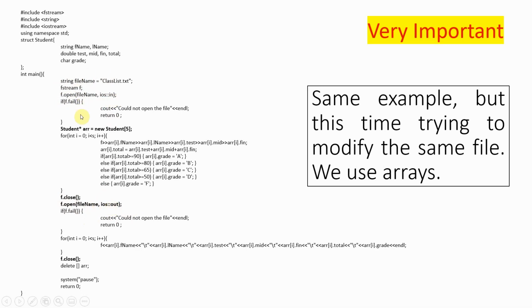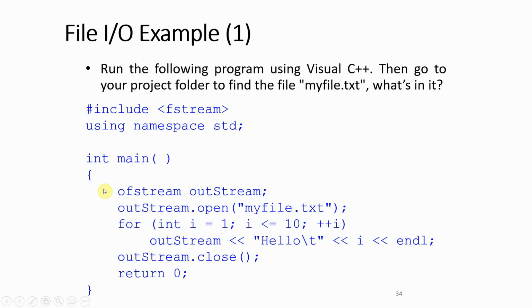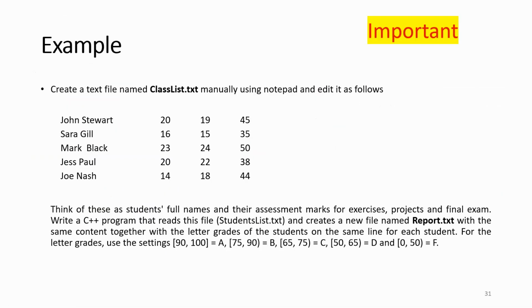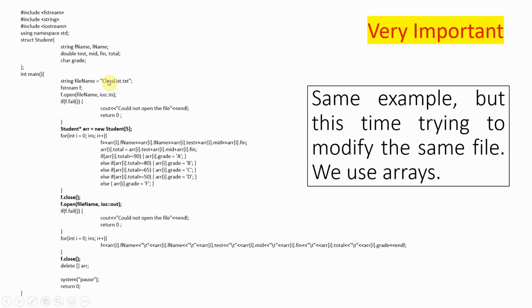So what's happening here: we open the file for reading, we check if the reading was successful, we read all the values and store them in an array of size 5. And the array that I created is an array of objects.